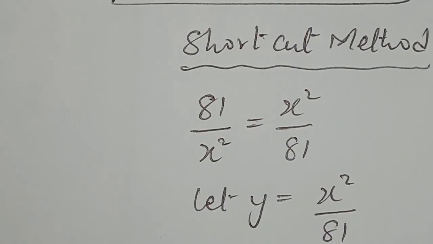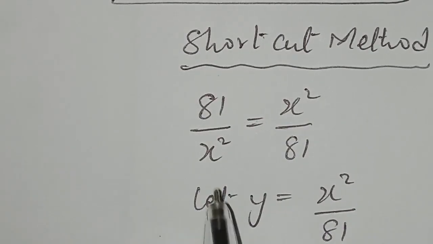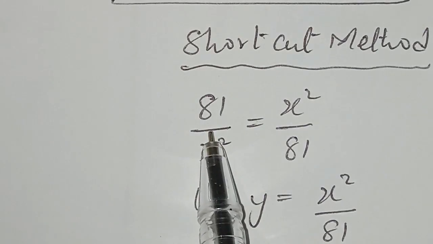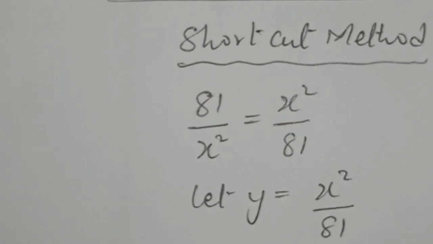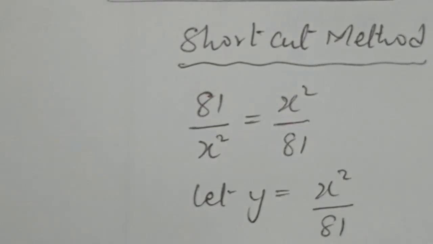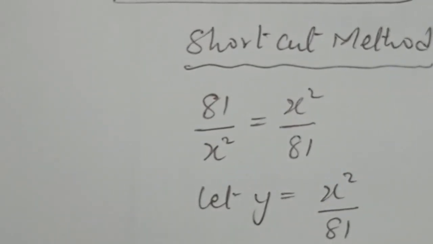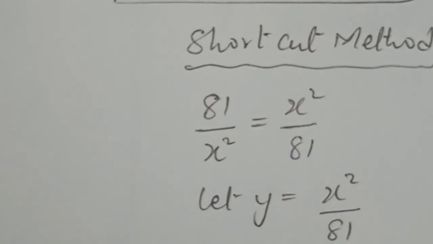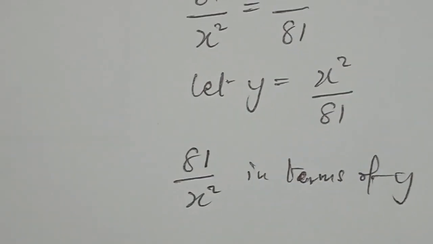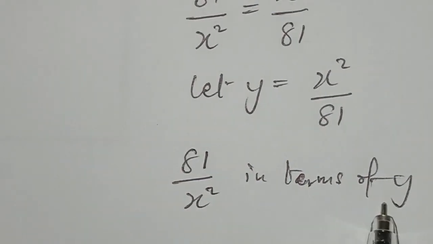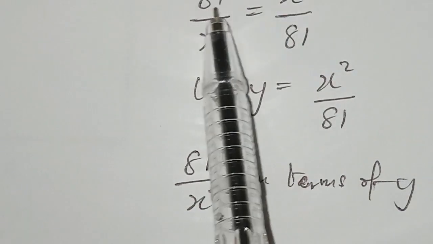Now we express 81 over x squared in terms of y. So we want to express this in terms of y, which is this part.